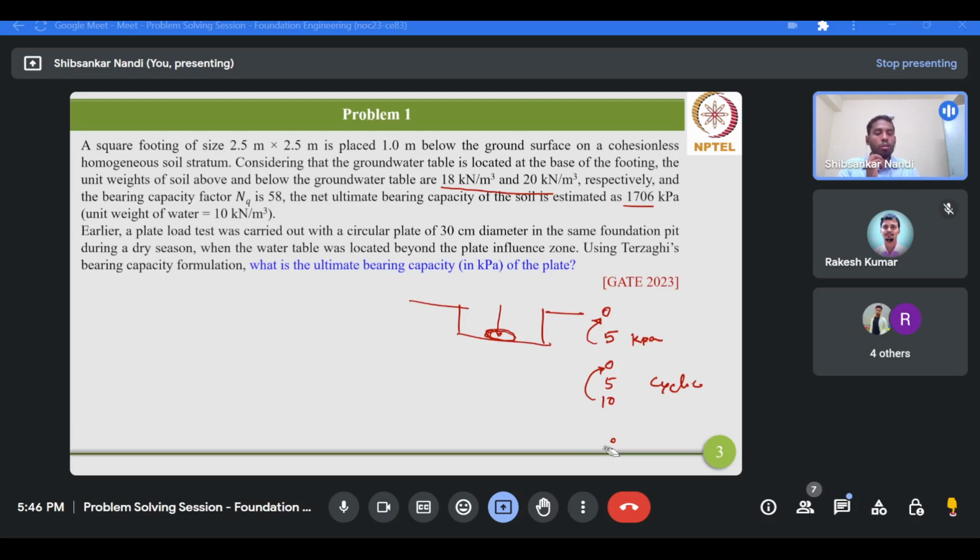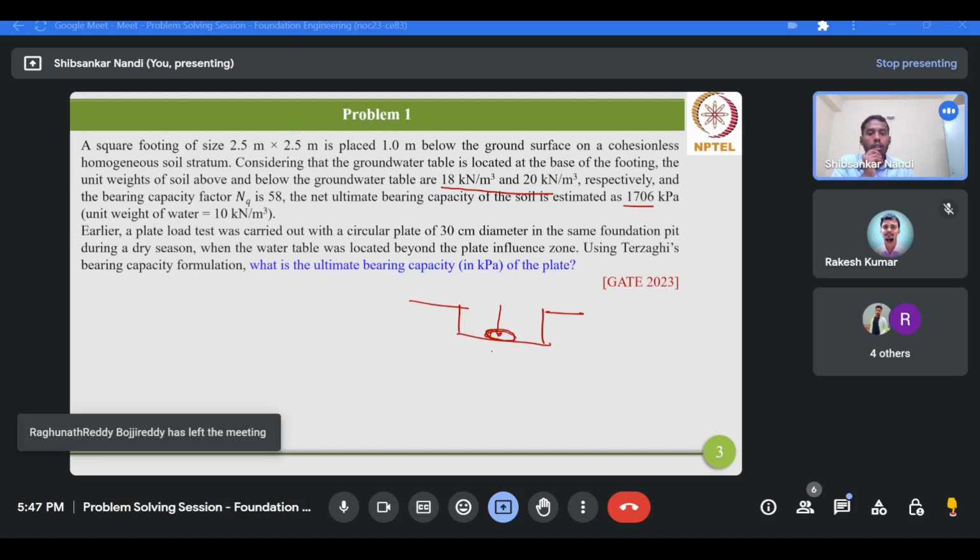Okay, so now from this test you will have a clear idea about the bearing capacity for any specific size of footing which you are going to construct on that soil. So this is one purpose or one objective of this test. First of all, you will have the load settlement behavior of the underlying soil, as well as you can predict the bearing capacity of a specific dimension of footing which you are going to construct on this soil.